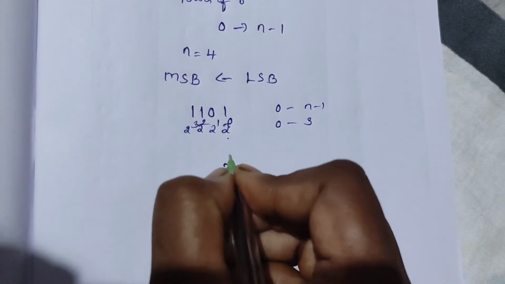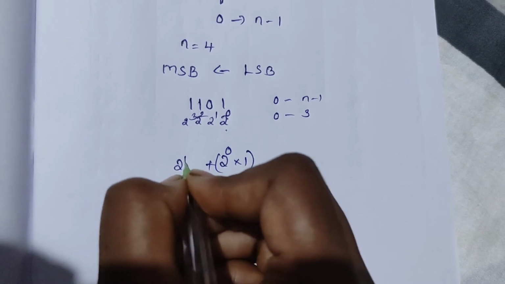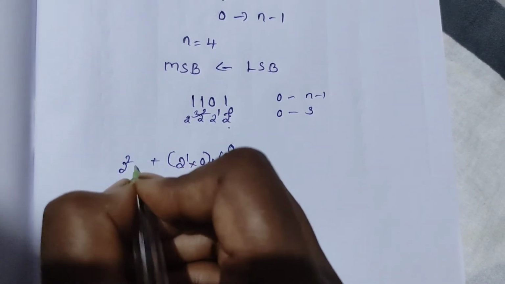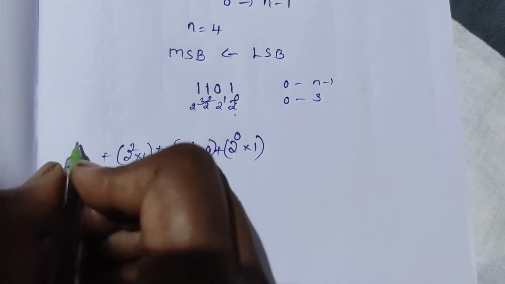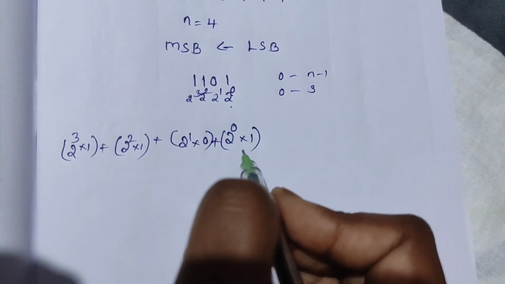So multiply the powers of 2 with the corresponding bits, which I am doing here. Powers of 2 increase from 0 to n minus 1, multiplying with the bits and adding.